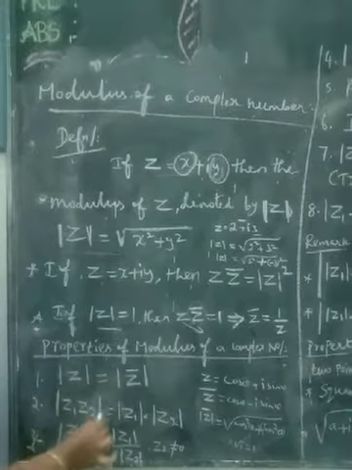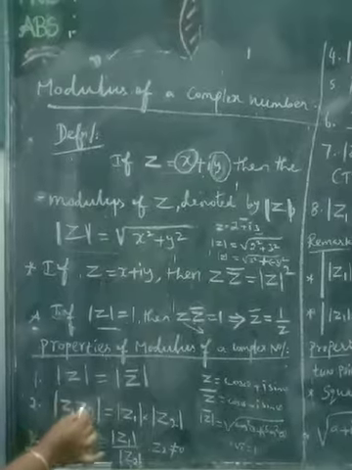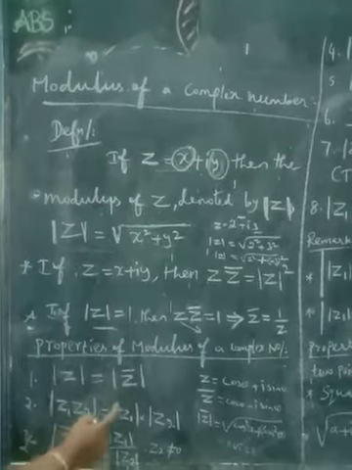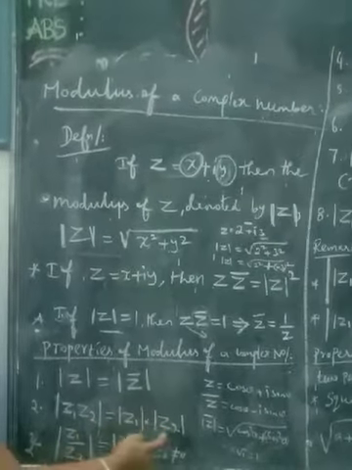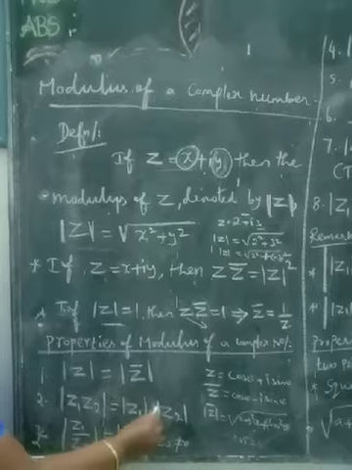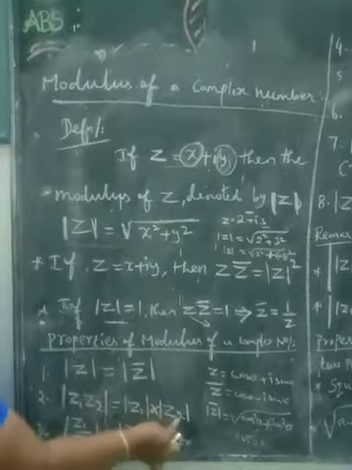Then the modulus of a product of two complex numbers. Modulus of z1 into z2 is equal to mod z1 into mod z2. That is, the modulus of two complex numbers' product can be written as the product of their moduli.